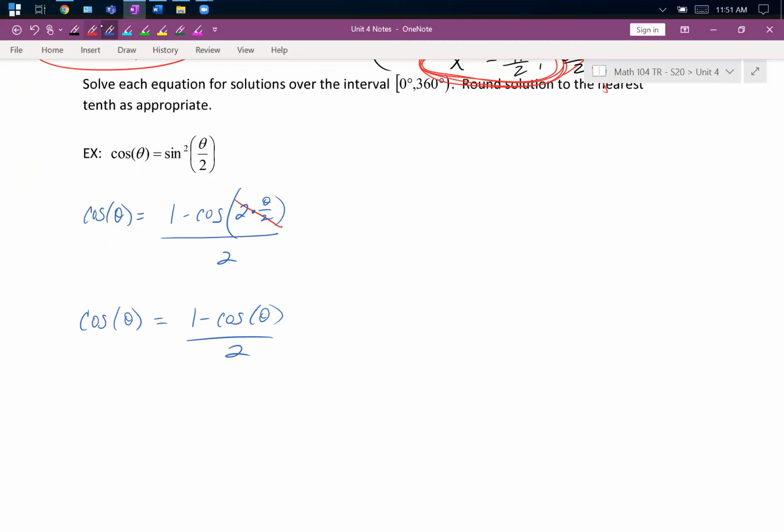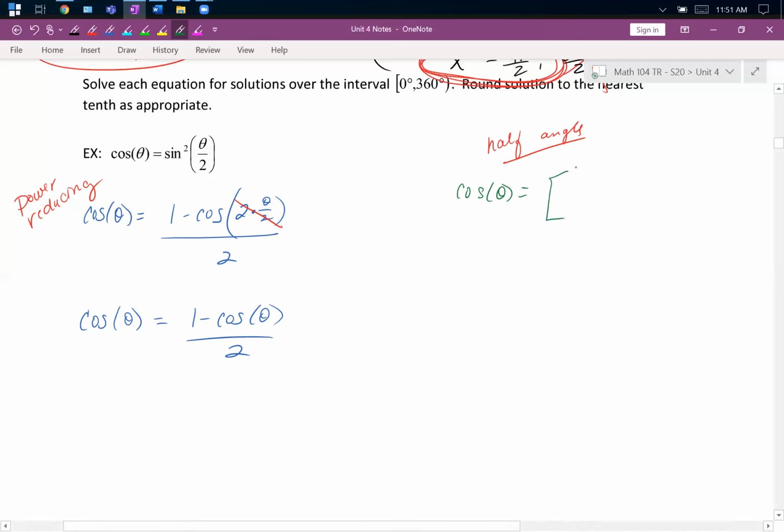I just want to point out, this is power reducing here. Say I used the half angle formula instead. Then this would be cosine of theta equals, now remember sine squared of theta over 2 is the same as sine of theta over 2, squared.